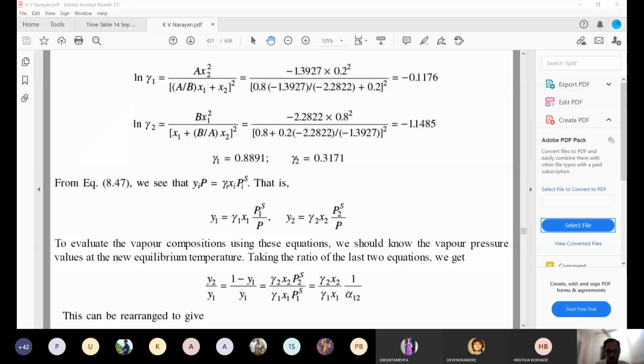Any doubts, questions? We are taking the ratio of y2 by y1 because we don't know p1s and p2s, but we know the alpha value, so we have to take it in that form so that we can use alpha. Once you finish the calculation, raise your hand.